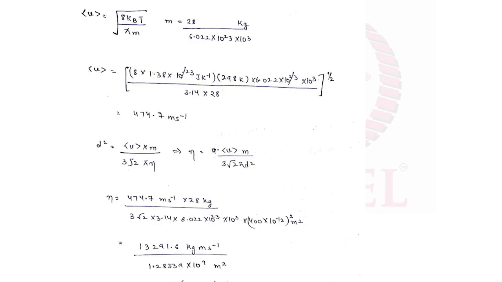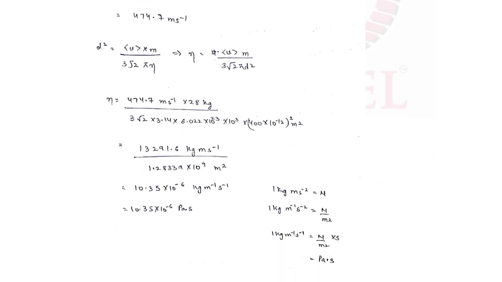So after this calculation you get the eta, that is the coefficient of viscosity, coming around 10.35 into 10 to the power minus 6 Pascal into second, right? So C is your answer.